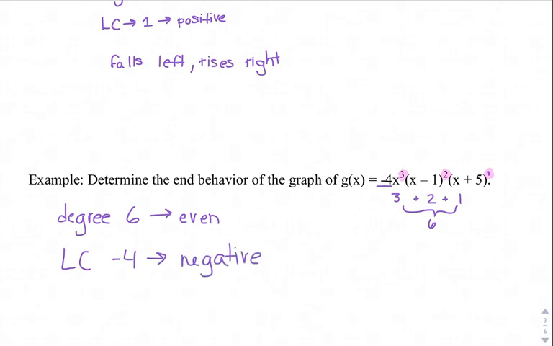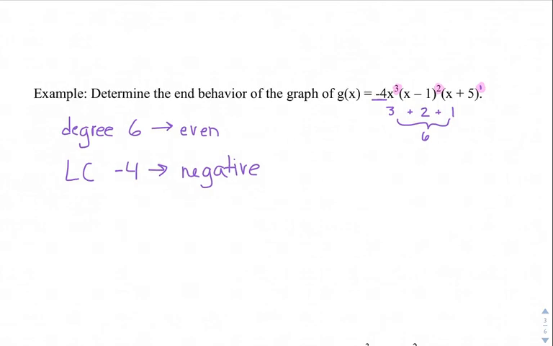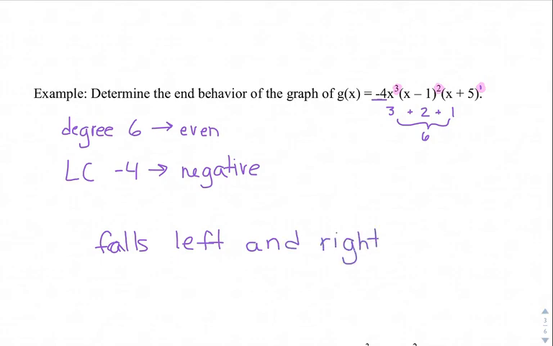Now we have to think: what happens when I have an even function with a negative coefficient? The answer is that it's going to fall both left and right. So your function's going to look something like this, and we don't know what's happening in the middle, but it ends up like this.